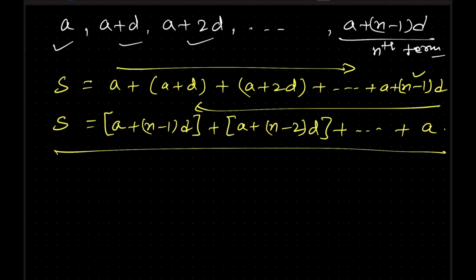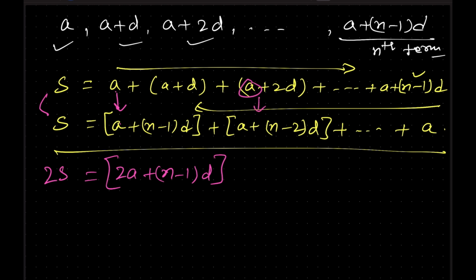If you add these two equations, you get 2S on one side, and here if you add this to this, you get A and A, 2A plus, and this is as it is, n minus 1 times D. Now again add this and this, so again you get A and A, 2A plus, here n minus 2, sorry, we have to add this n minus 2 and 1D, so you will get n minus 1 times D. Similarly it will be till the last.